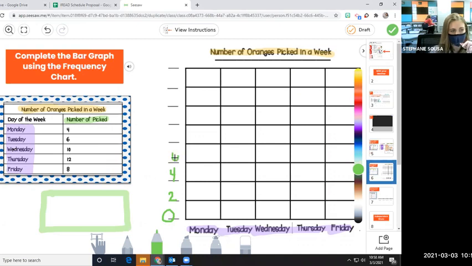We're just counting by our scale of 2s. 8, 10, and 12. And then we don't need those other sections of the graph, and that's okay. We don't have to fill in the whole graph. Let's write our key. Our key or our scale is equal to 2. We are counting by 2s.